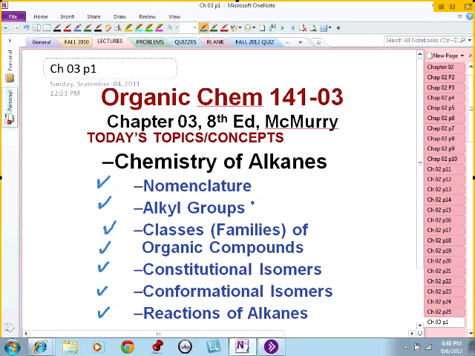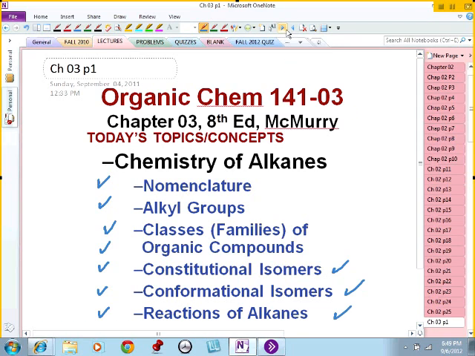In so doing, we will discuss nomenclature of alkanes, discuss alkyl groups, then also introduce you to different classes of organic compounds. Sometimes we refer to them as families of organic compounds. And then we're also going to discuss constitutional isomers, conformational isomers, and before we leave this chapter, we begin to introduce you to the concept of reactions in organic chemistry.